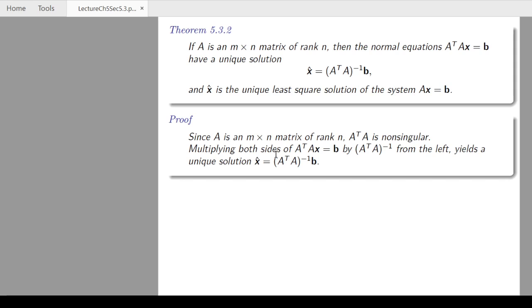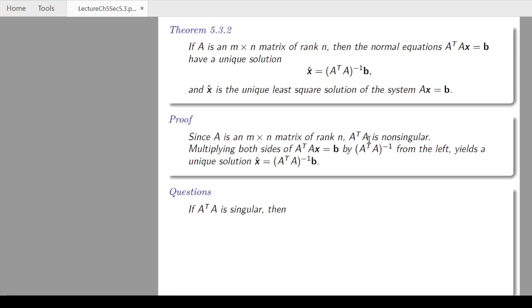Now this solution, of course, is unique. So for the normal equations, we can have a unique solution if the matrix A transpose A is non-singular.